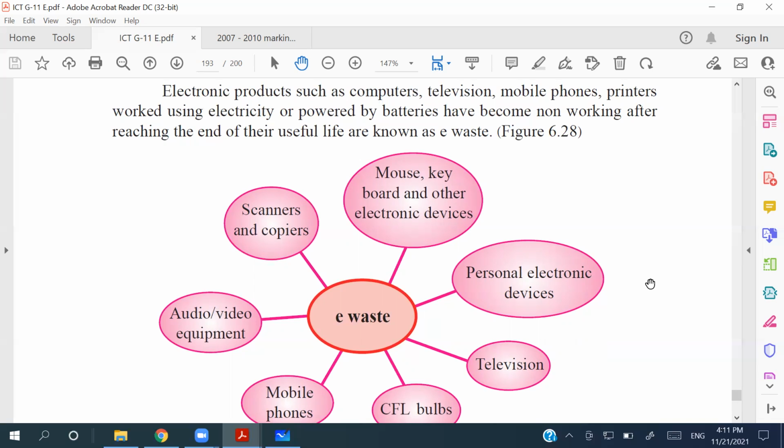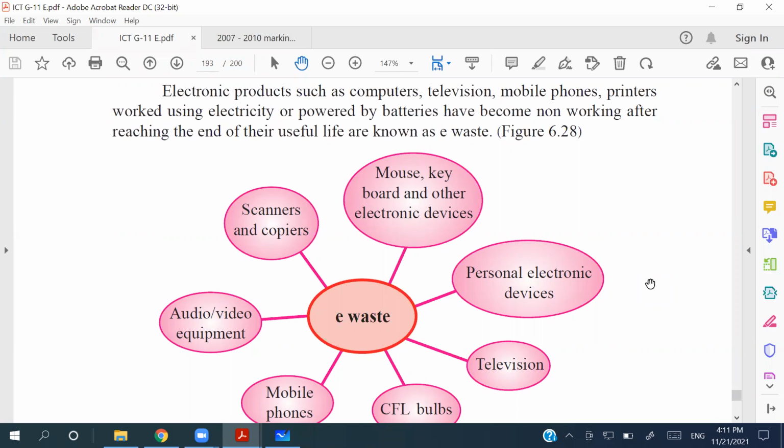When they are dumping those things, electronic is not something like paper, right? Paper is a digestible thing. It is going to be digested into the environment, right?